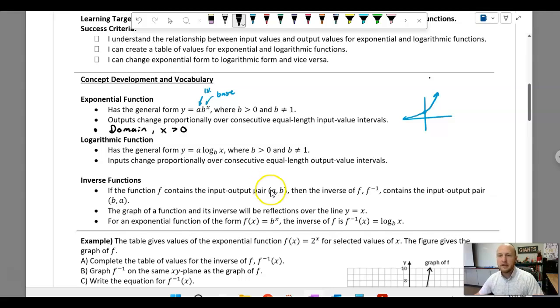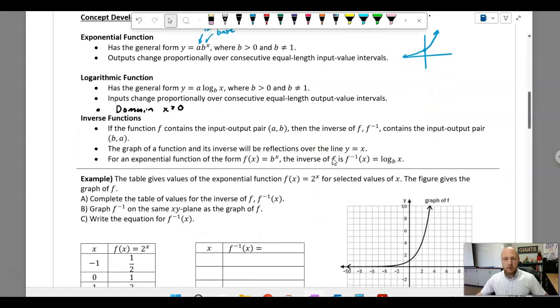It cannot be 0 and it cannot be negative. Okay, that's for logarithms. And again, since we're switching, now our inputs will change proportionally. We'll look at that here in a second, and our outputs will have equal length intervals. Kind of a switch. It's the first time our outputs are equal length, okay?